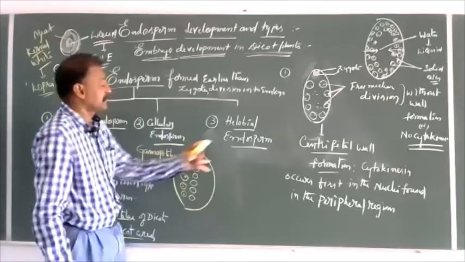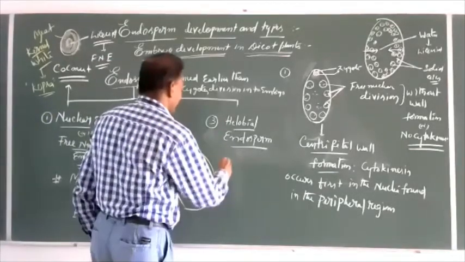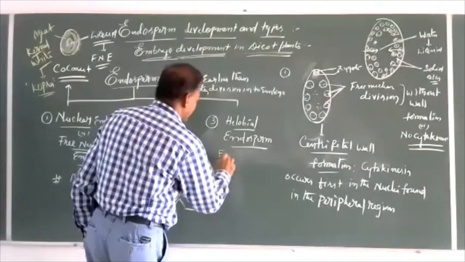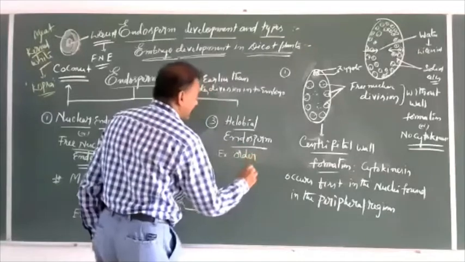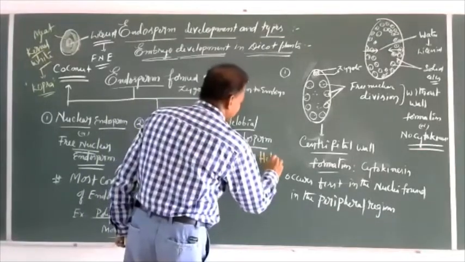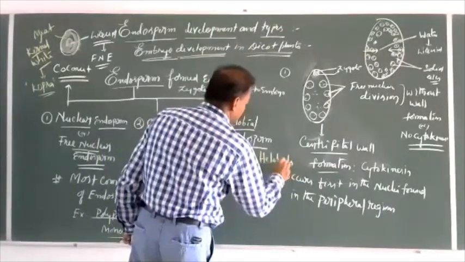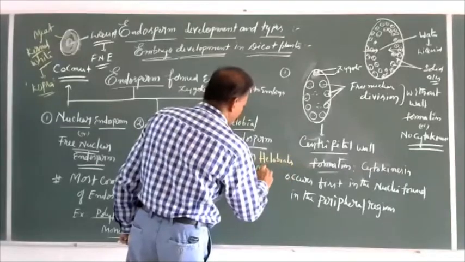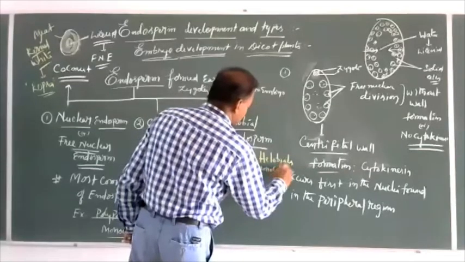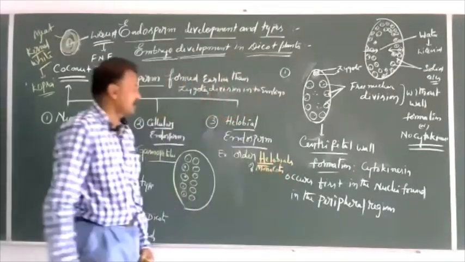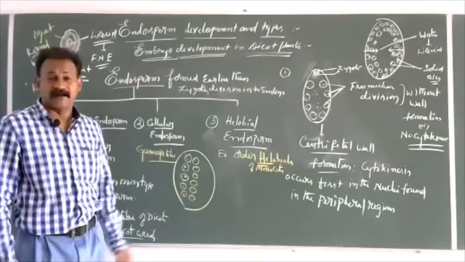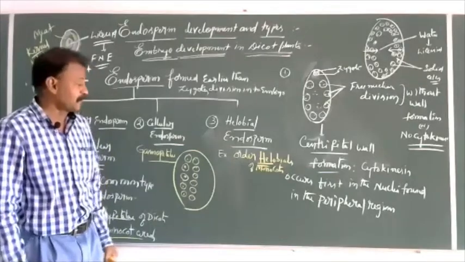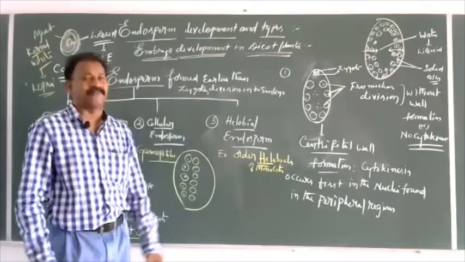Helobial type is observed in the order Helobiales of monocots. A specific type of endosperm formation, order Helobiales of monocots, helobial type of endosperm.